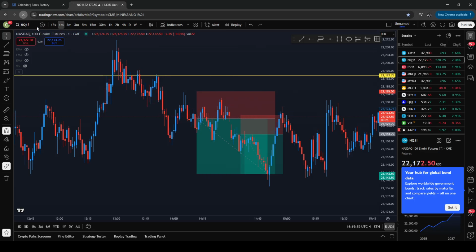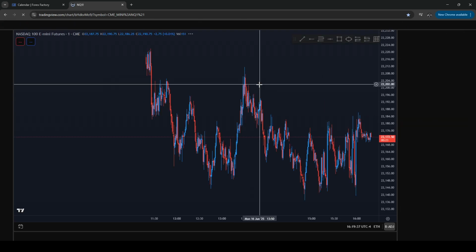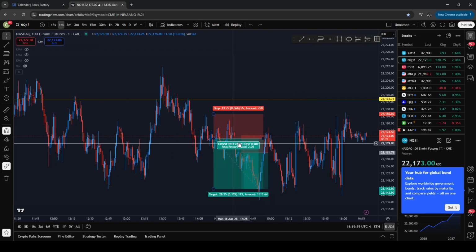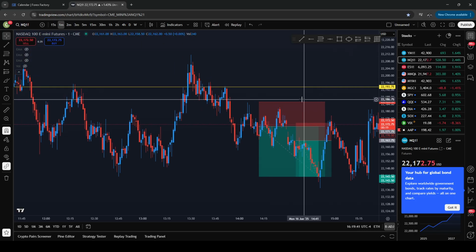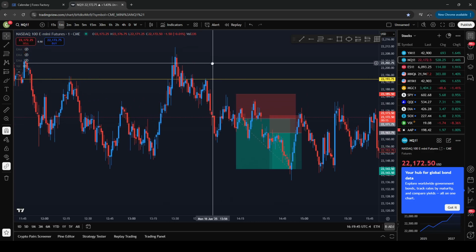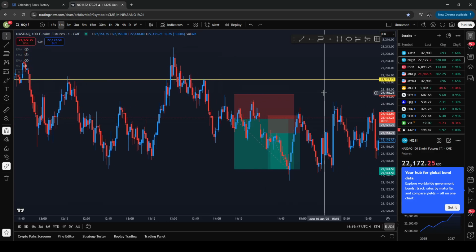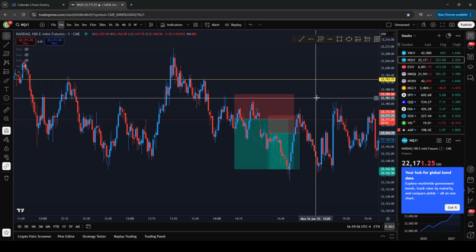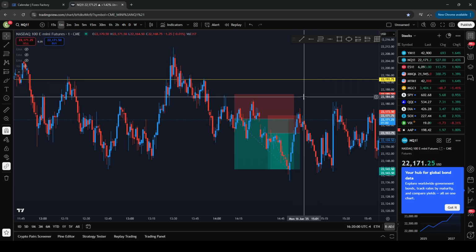Let me refresh to get that. This is when I started to see something interesting. The reason I didn't take this trade is that it's not in my trading plan to take afternoon trades, but this is something I'm marking out and trying to get better at on paper, and eventually I will trade the afternoon as well.